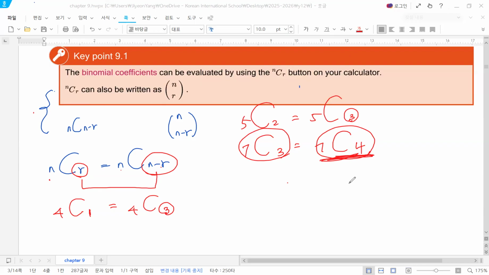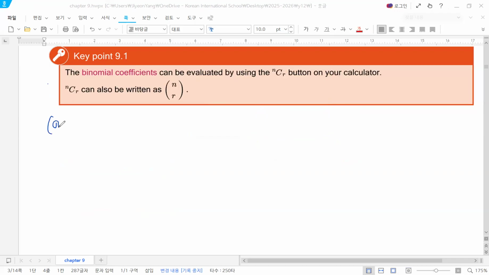Can you see that? The reason that I told you about this is because if I write down the binomial expansion again, (a plus b) to the power of n equals nC0 a to the power of n plus nC1 a to the power of n minus 1 b plus nC2 a to the power of n minus 2 b squared plus dot dot dot.